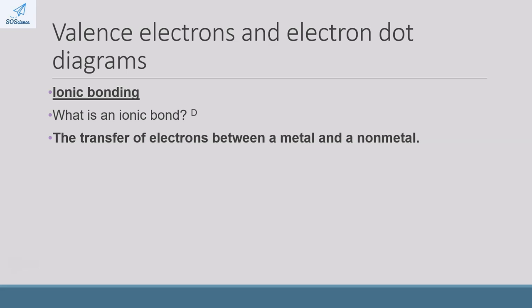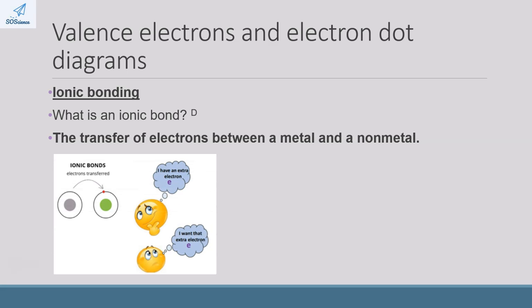An ionic bond involves the transfer of electrons between a metal and a nonmetal. So if we take a look at this picture here, we have an atom that transfers an electron, could be more than one electron, but in this case it's one electron, to another atom.